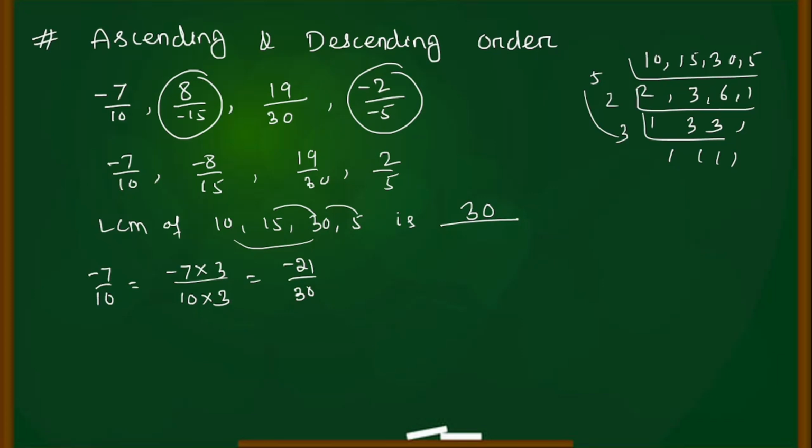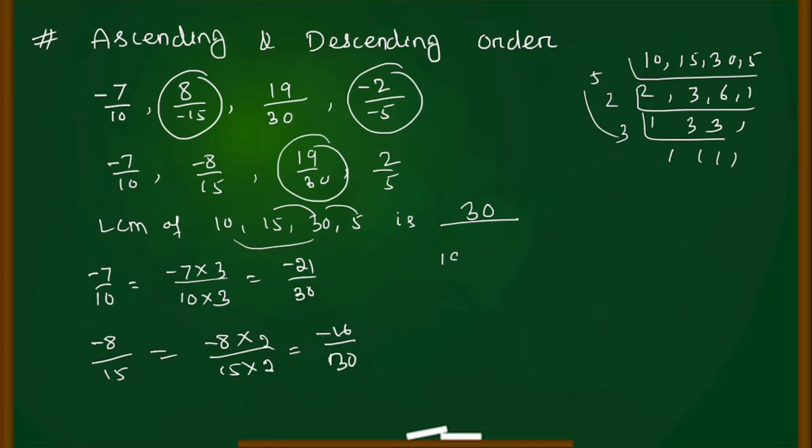Similarly, convert the other rational numbers, that is minus 8 by 15. So we multiply 15 by how much? 2. That is minus 16 by 30. The third one is already in denominator 30, no need to convert, or you can multiply by 1, that is 19 into 1 and 30 into 1.